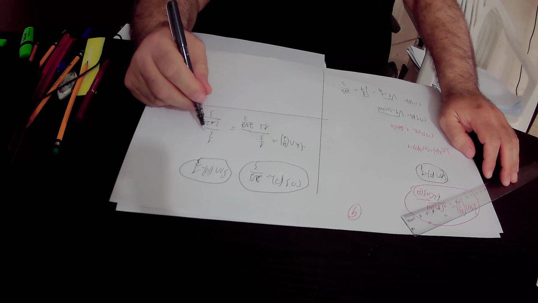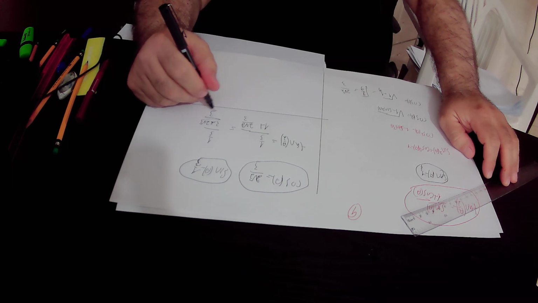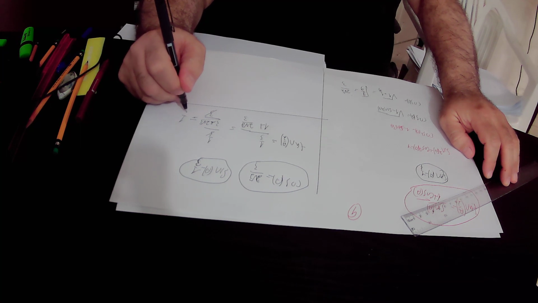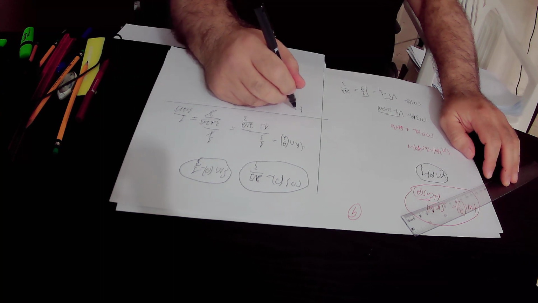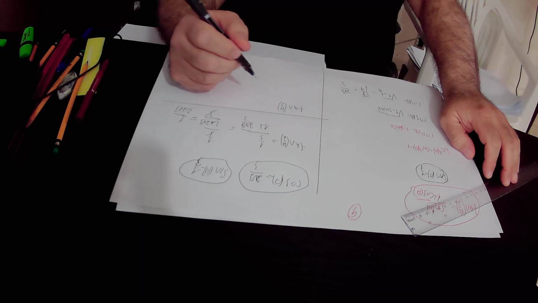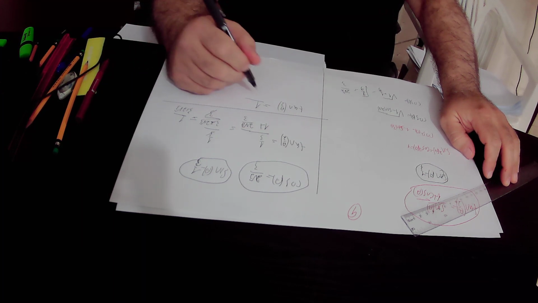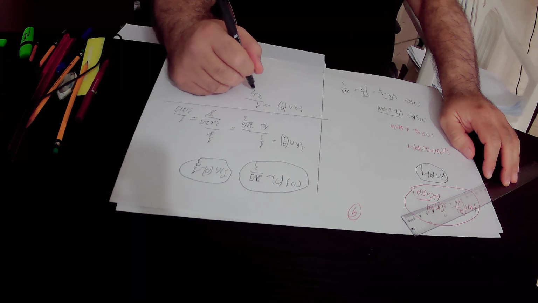Here we have 3 in the numerator and 3 in the denominator, so 3 will get cancelled, and we are left only with 1 over 3 plus 2 times square root of 2. In conclusion, we found out that tangent theta over 2 equals 1 over 3 plus 2 times square root of 2.